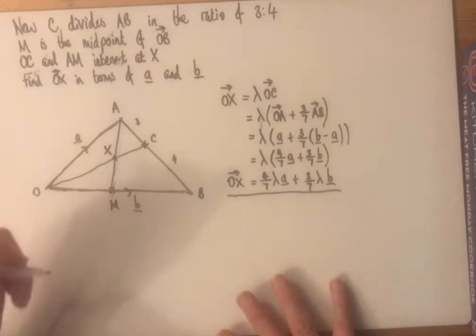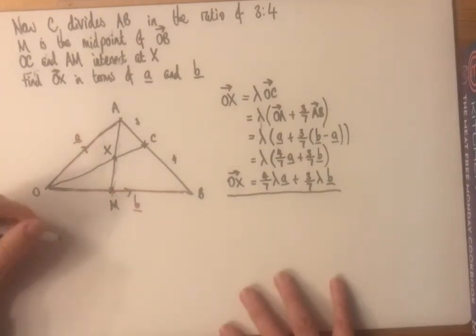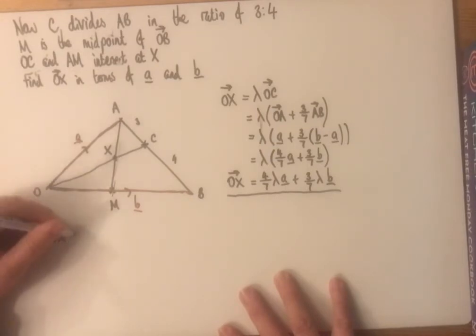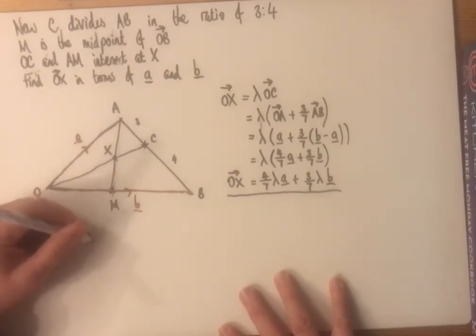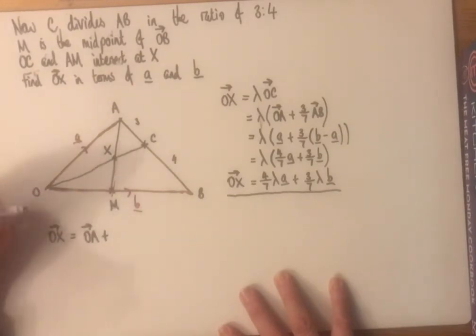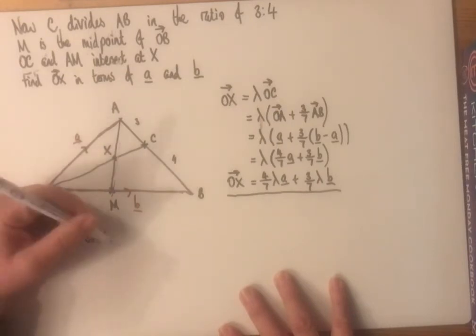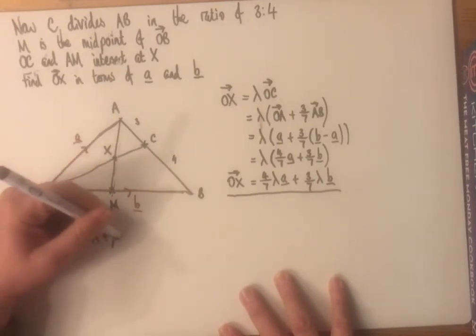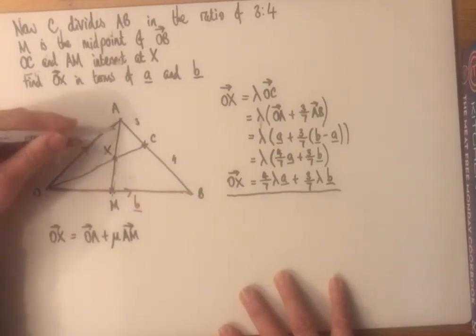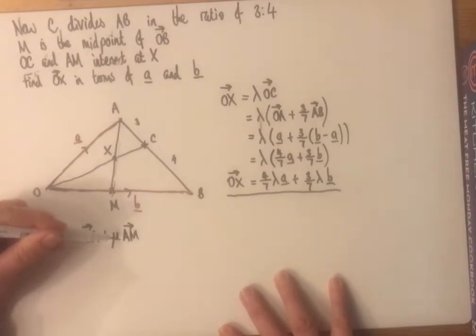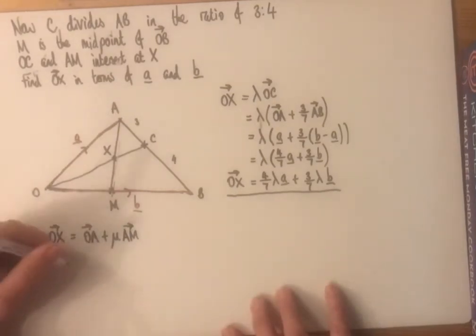then I know that OX is equal to OA plus a fraction of AM, and this time I'm using Greek letter mu for that constant.